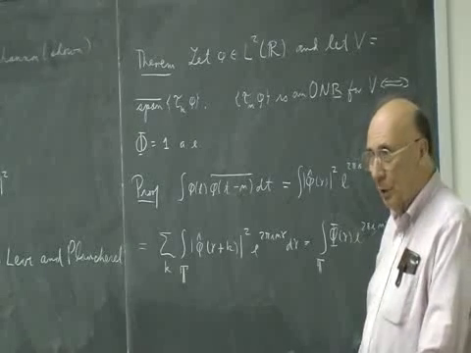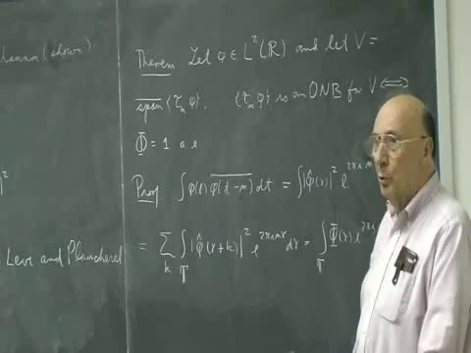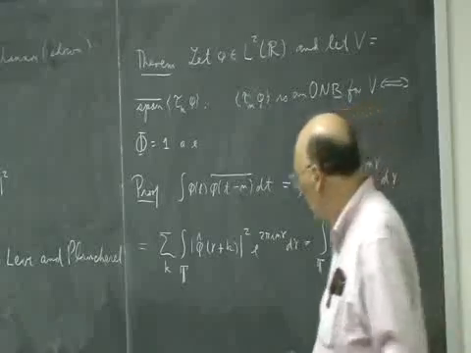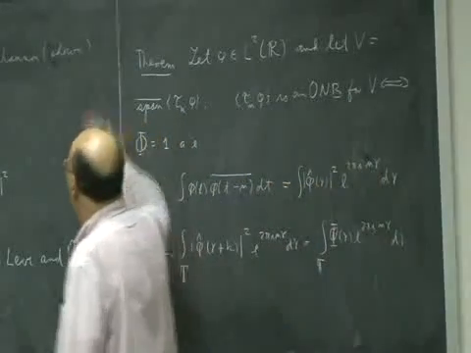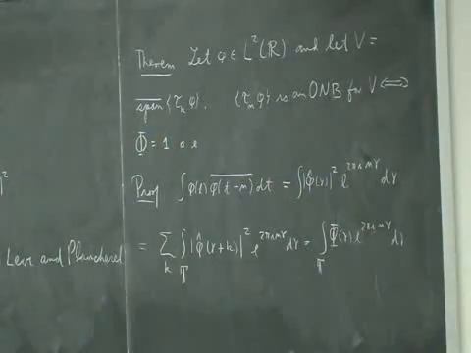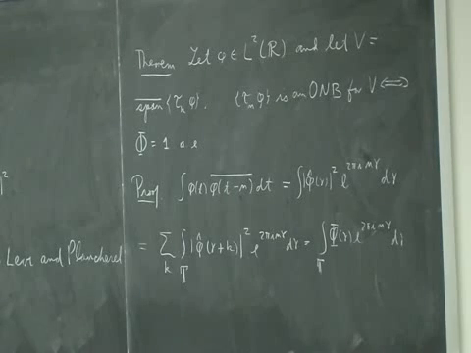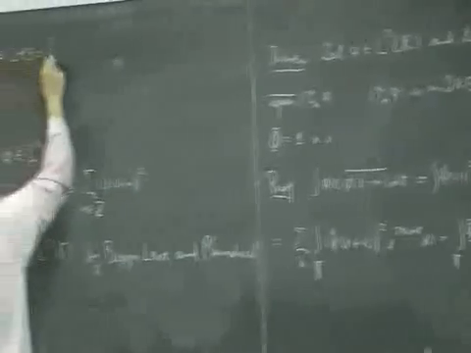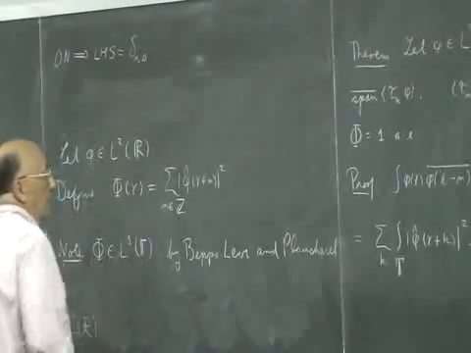Why are we done? We're done because, let's suppose you have orthonormality. So orthonormal implies the left-hand side equals delta n 0.